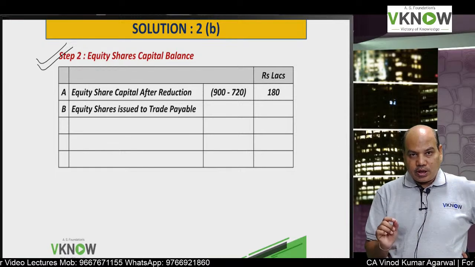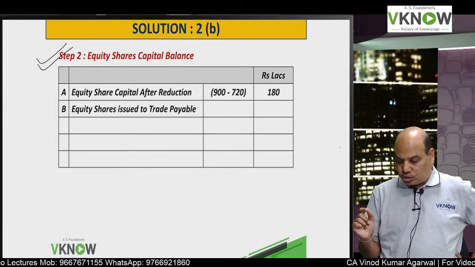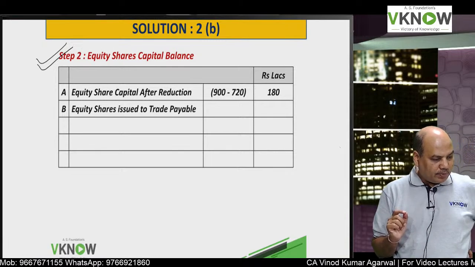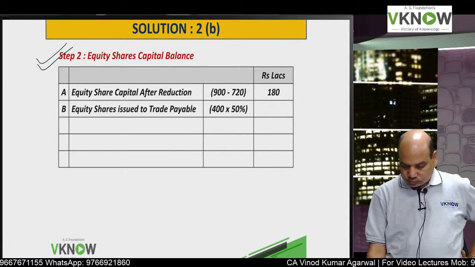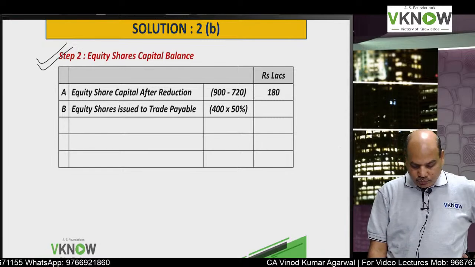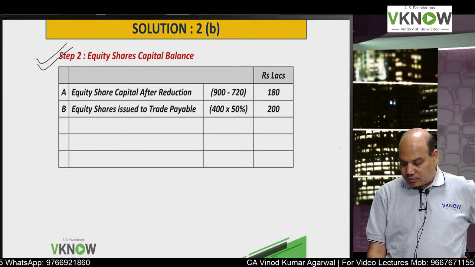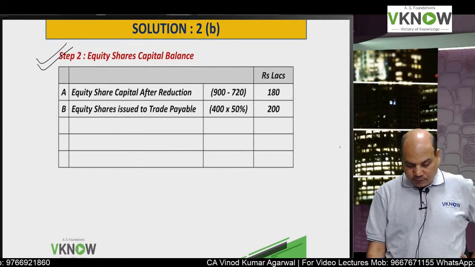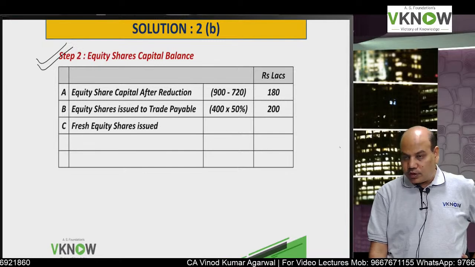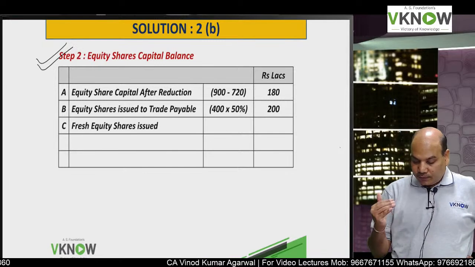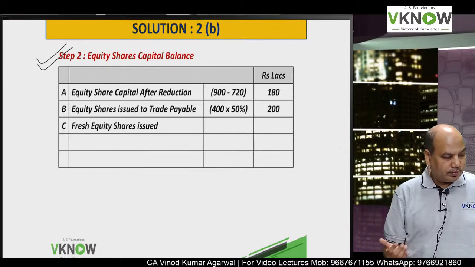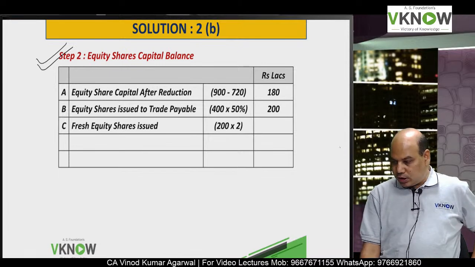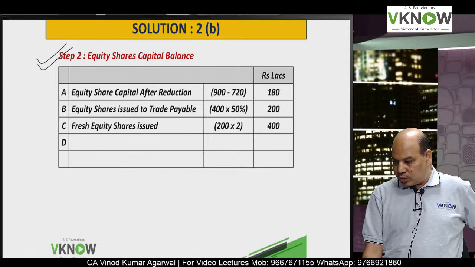Then second point B, write down equity shares issued to trade payable, 400 into 50%. Out of 400, 50% was settled by issue of equity share, amount 200, and then fresh equity share issued is 200 into 2, 400.